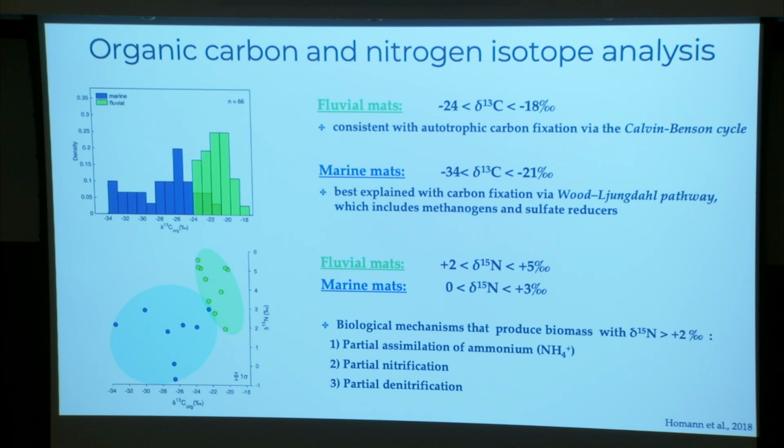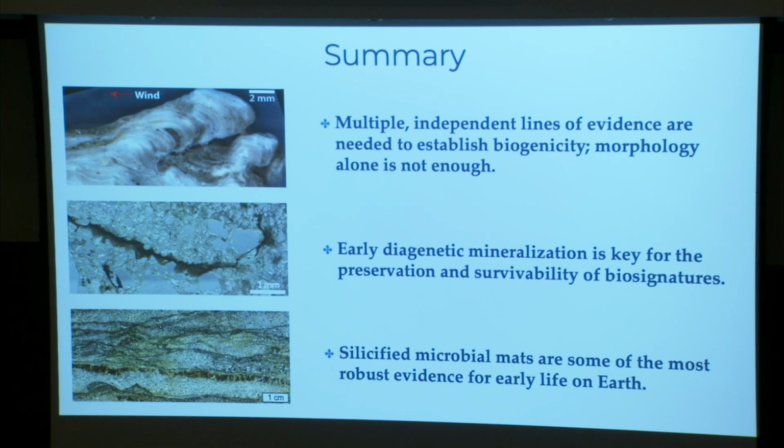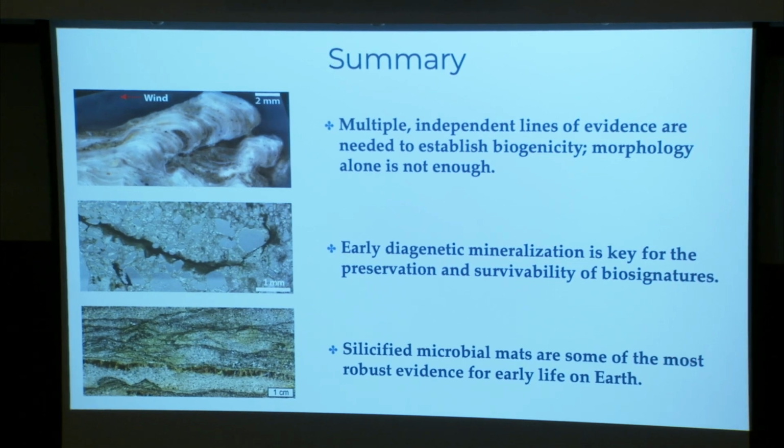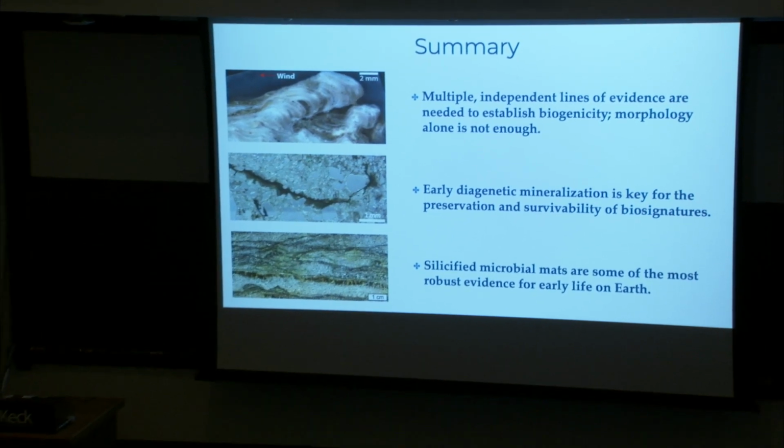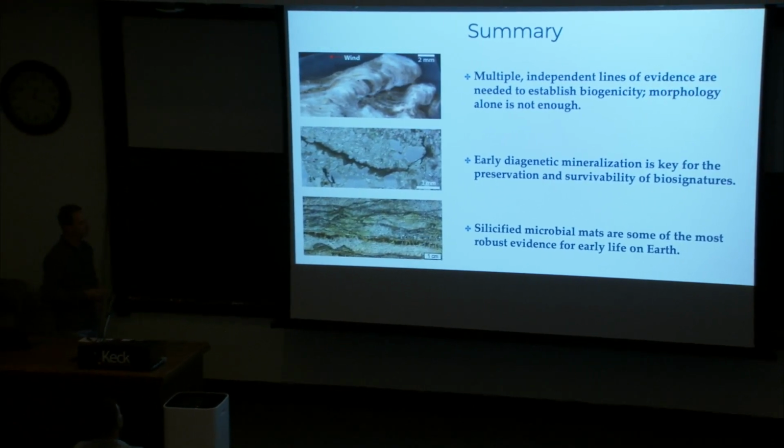I know that might be a bit repetitive, but here's already my summary. A lot of things have already been mentioned before, but I think the key line is that we need multiple independent lines of evidence to actually prove the biogenicity of a certain structure.